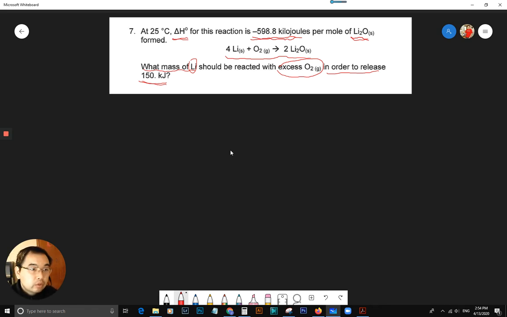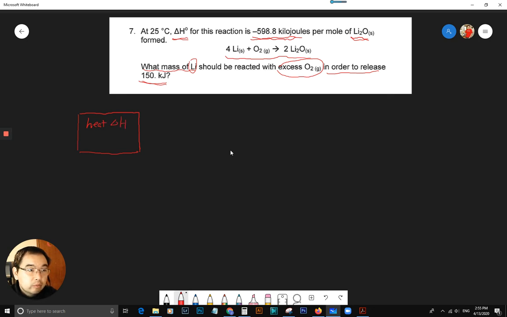Okay, so when we do this problem, we need to actually divide this into several steps. Okay, let me just write the path for you. It will be much more clear if we wrote the path. Okay, first, what we have is the heat. Okay, so we have the heat or the change of the enthalpy.